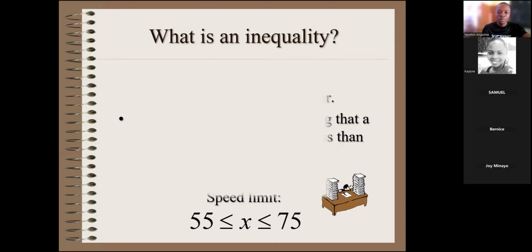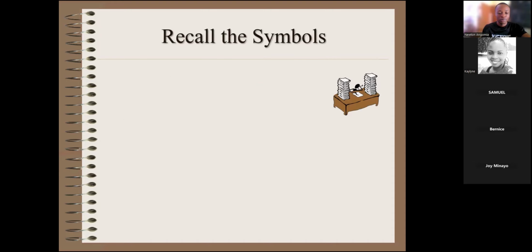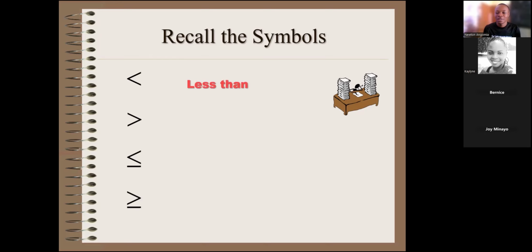Now, also through the recall, we have symbols. Inequalities are represented using symbols, and we have four of them. I hope once you see them, you can remember what they are used to represent. The first symbol tells us that a quantity is less than.